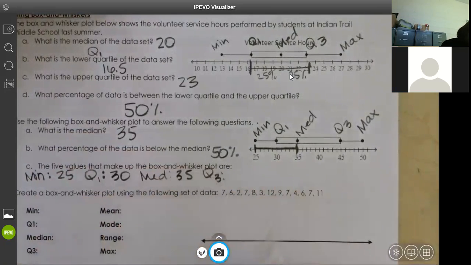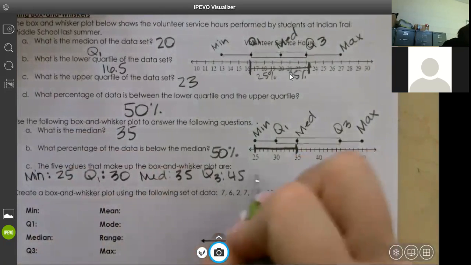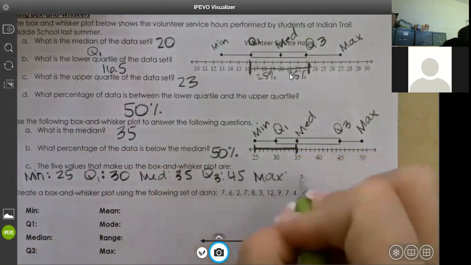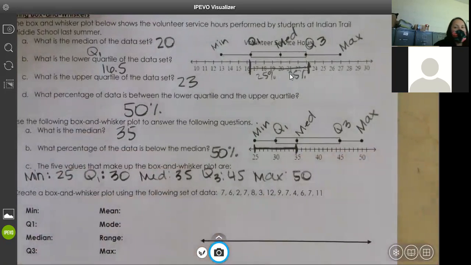Your Q3, 45. And your max looks to be at 50. All right, so what this is called, part C, is called the 5-number summary. You can do that on your calculator. You guys can do that just looking at the data, so it's really simple.